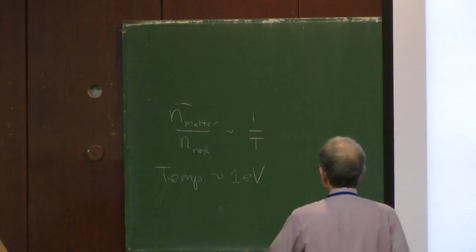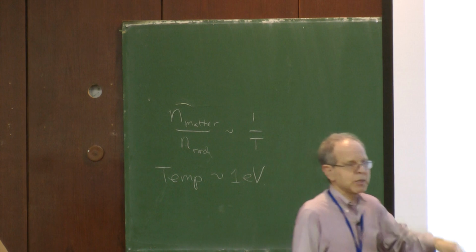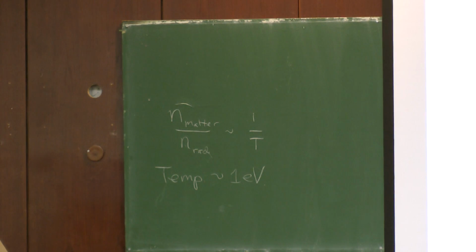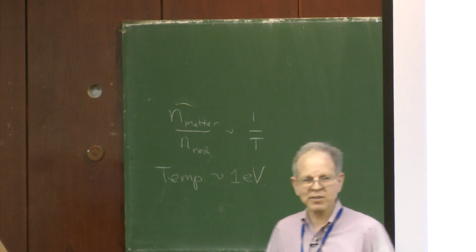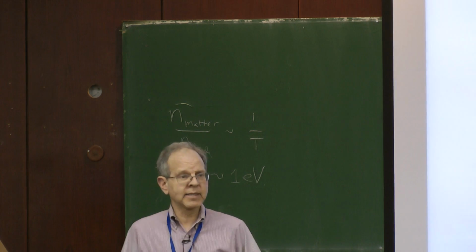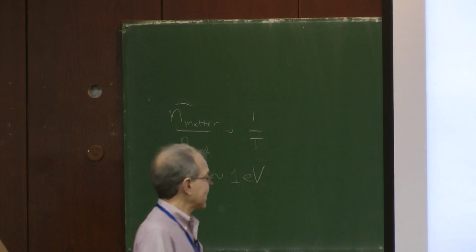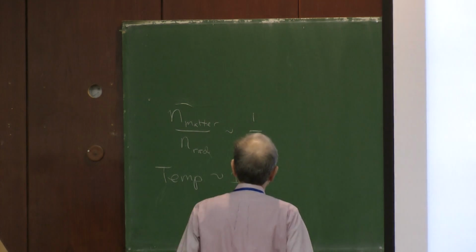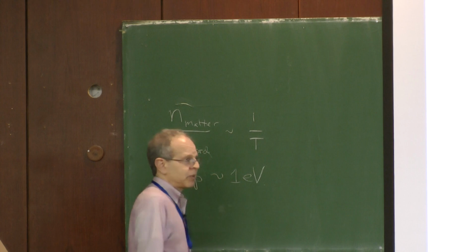And you'll find that roughly, just doing this simple-minded estimate, the energy density at 1 eV in this dark matter is of order the energy density in radiation. And that's what you'd like. In fact, if the whole picture of dark matter is to work, at exactly this time, of order an electron volt, matter and radiation must be comparable.